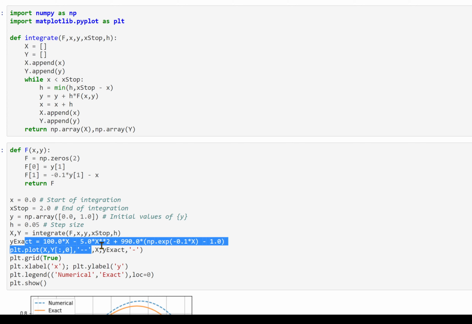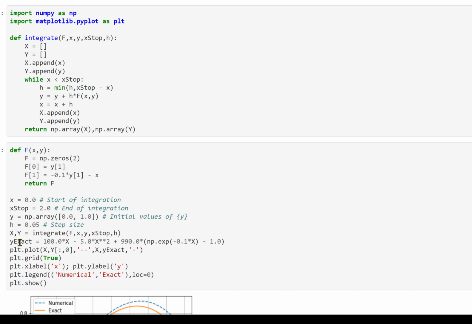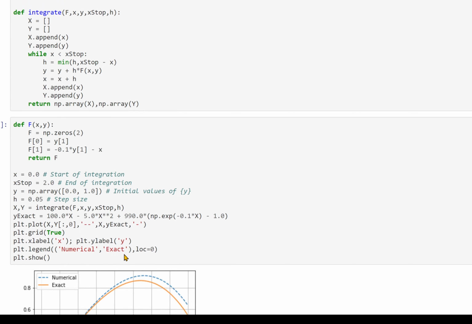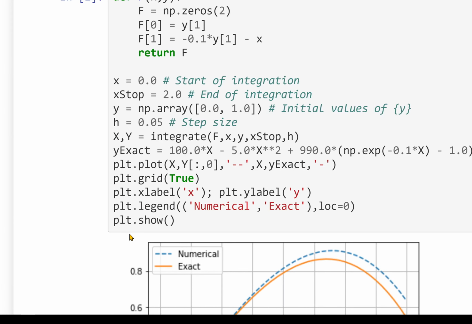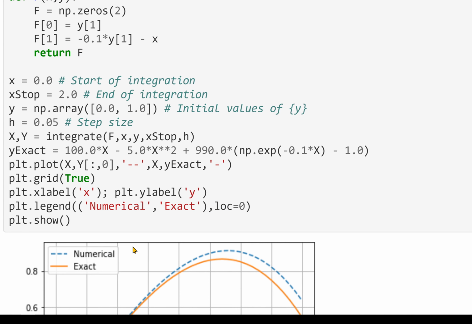Now this is our exact solution. We will compare our numerical method with y exact, and then we plot this value here, and we can get this solution here.